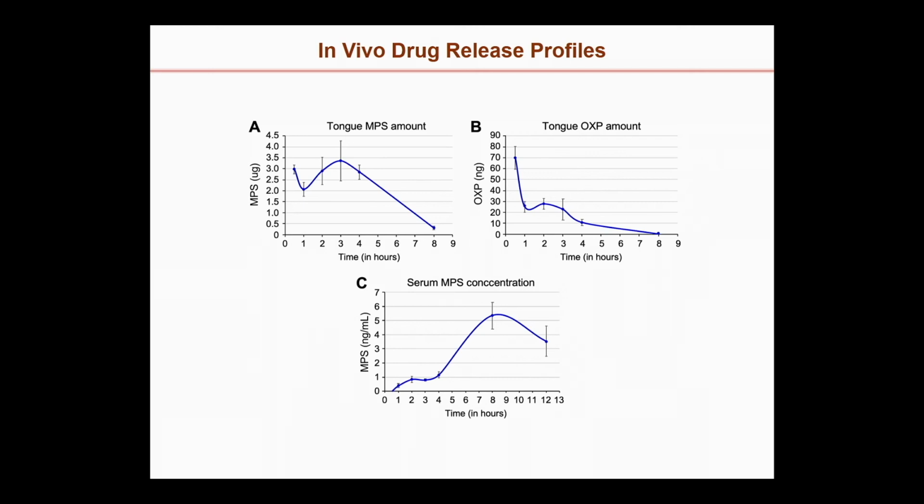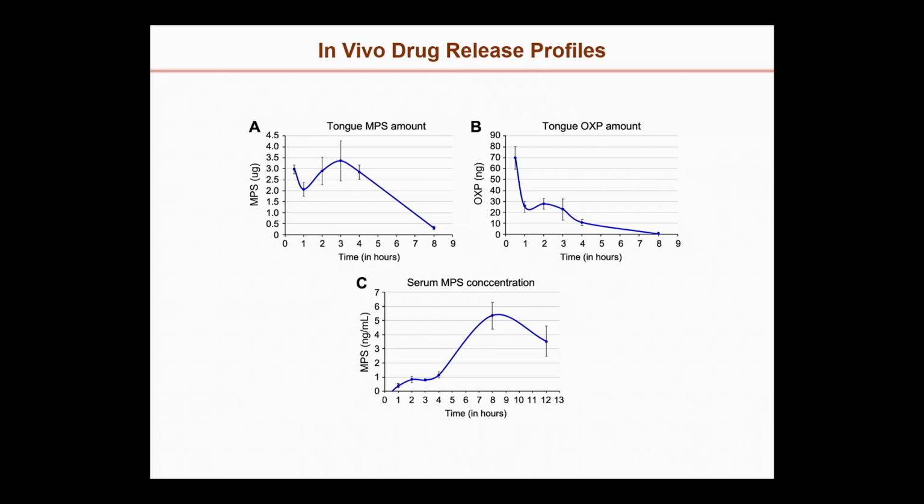What we get is, by applying the patch on the tongue for 4 hours, we can achieve a stable tissue level of mycophenolic acid. But for the oxaliplatin, in the first half an hour it reached the most and then dropped after an hour, and maintained at about 1/3 of the level over the period of 1 hour to 3 hours, and then dropped off after we took off the patch.